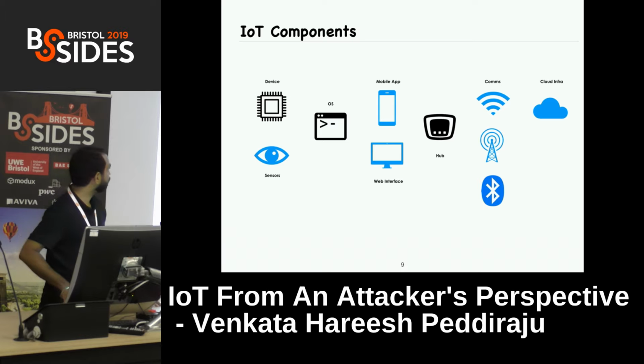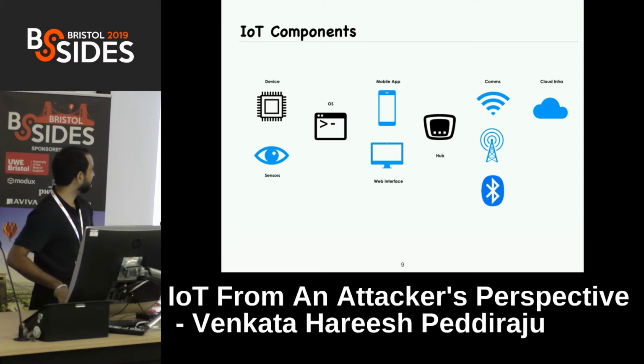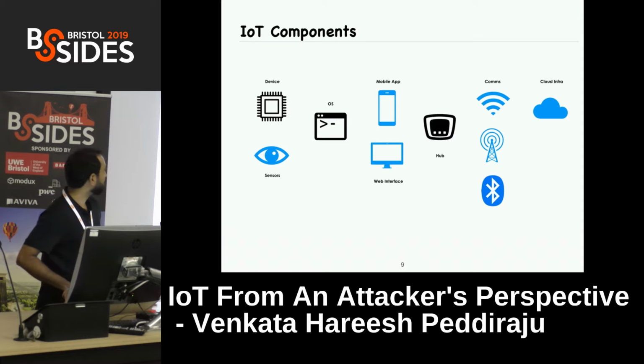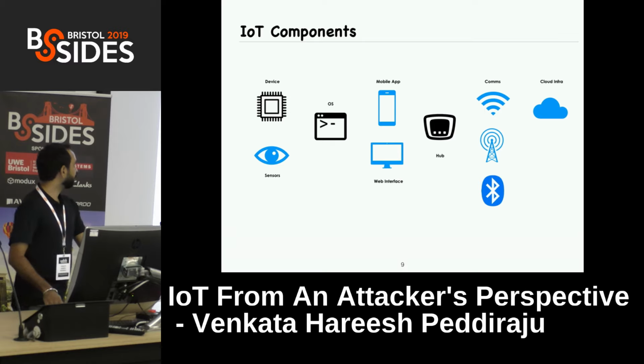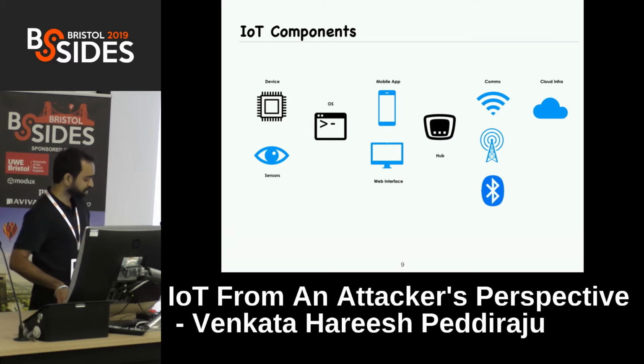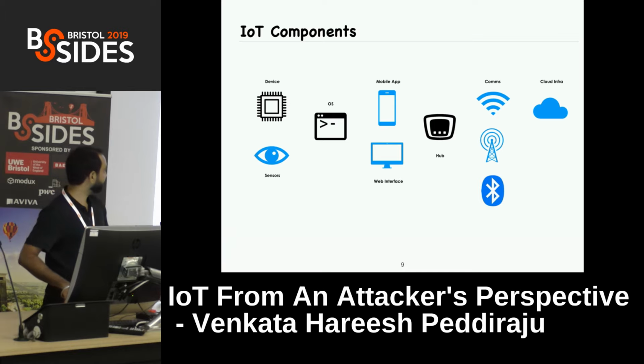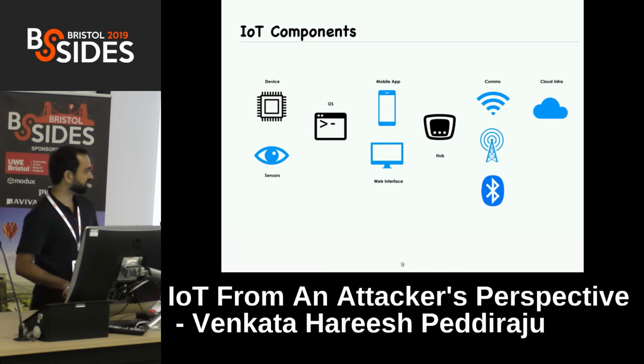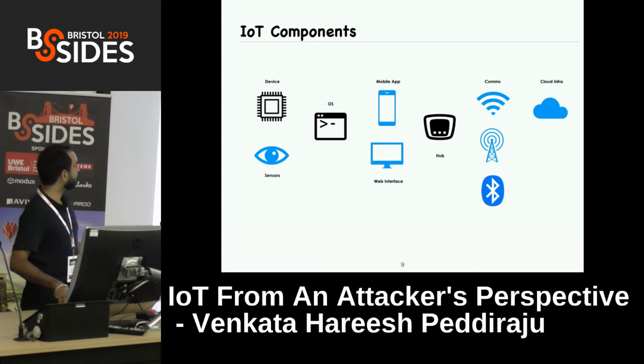And as discussed, the mobile application and web interface is still a huge attack surface in an IoT solution, because that is basically how all these devices are controlled. And the hub is something that collates the data from all the devices. The hub is essentially a proxy which takes the request from the user and sends them to the devices, and vice versa.